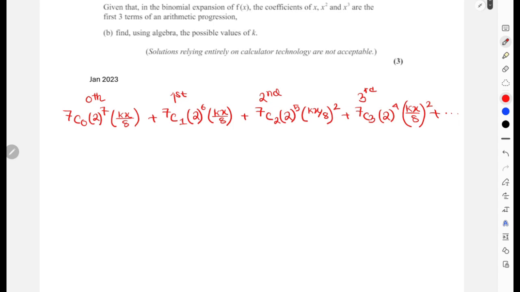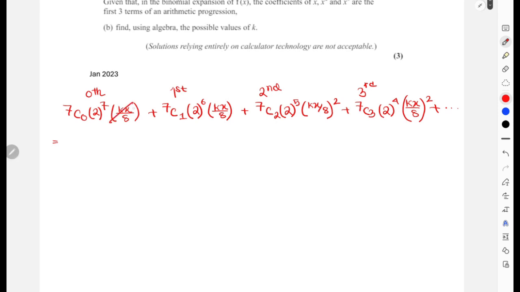Right, now after this you can do the calculations and find out the values. For example, 2 to the power of 7 will give you 128 only, because your entire kx over 8 will have a power of 0, so this entire thing will be 1. So you're just getting 128 plus this term over here will give you 56kx, and then the second term will give you 21/2 k squared x squared.